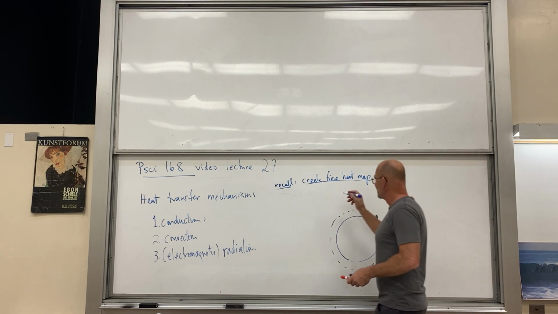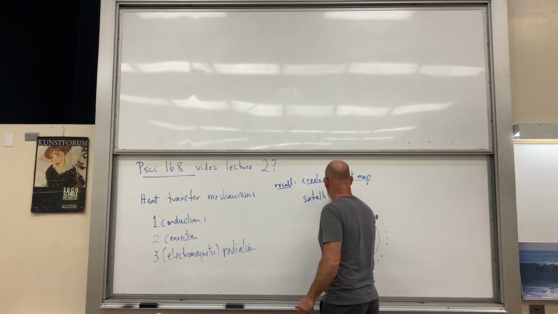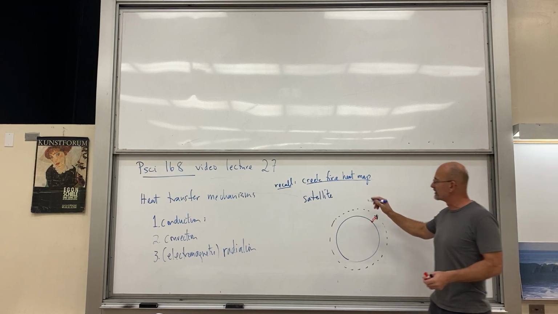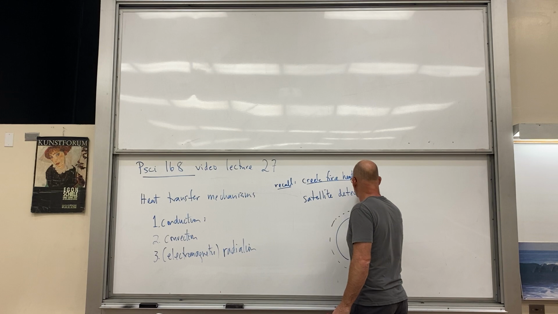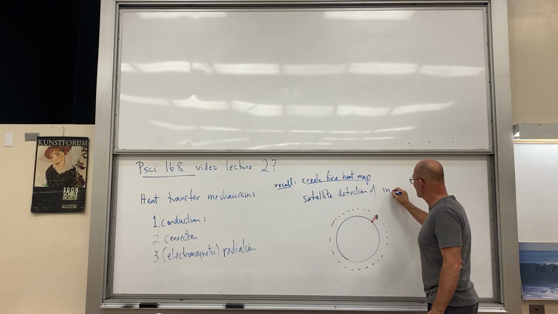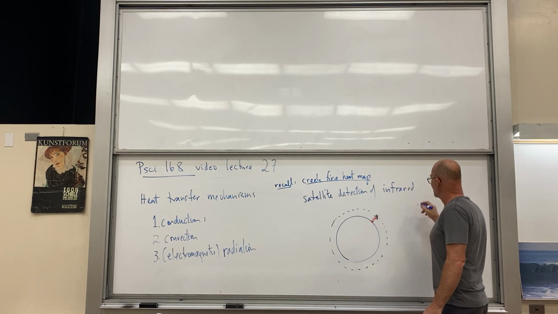So yeah, let's put a couple of words there for that. So we have satellite, which we've studied, so we know how fast and how high and so forth. So we have satellite detection of infrared radiation.